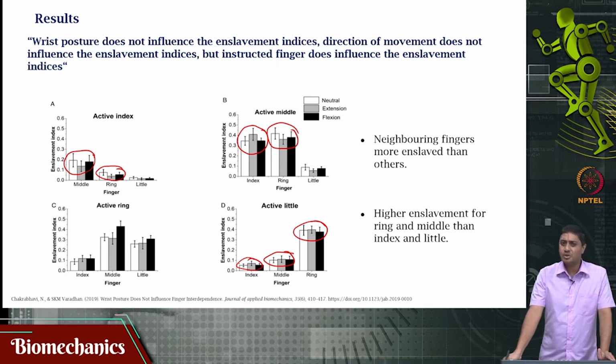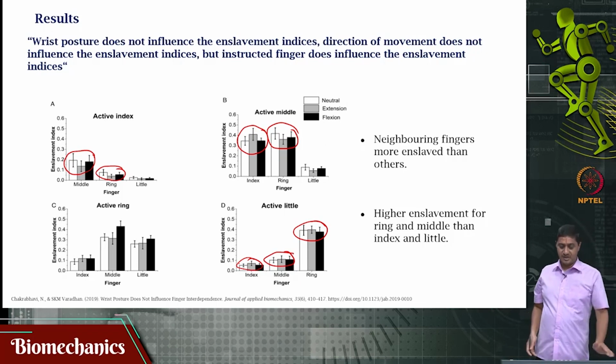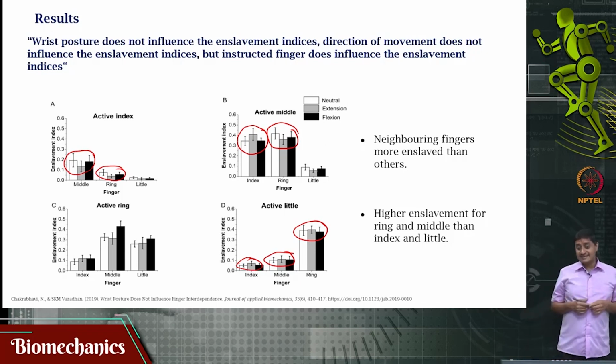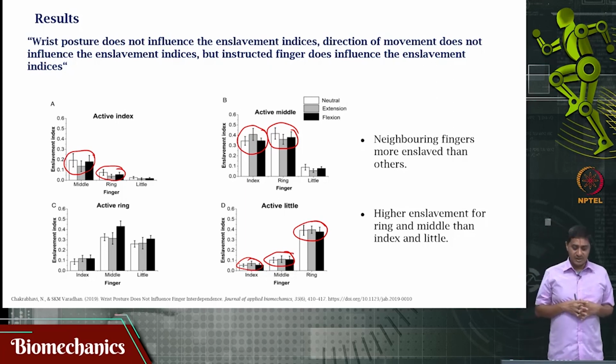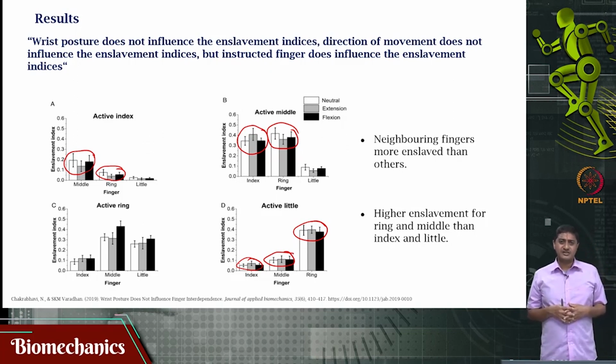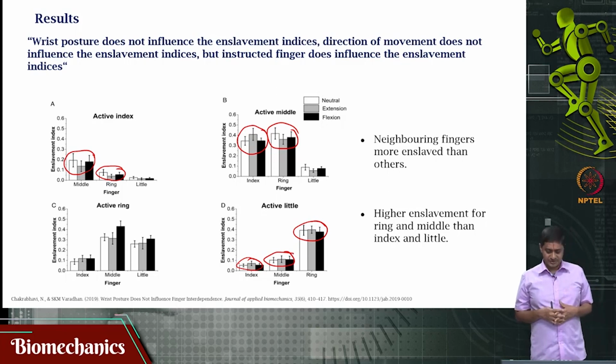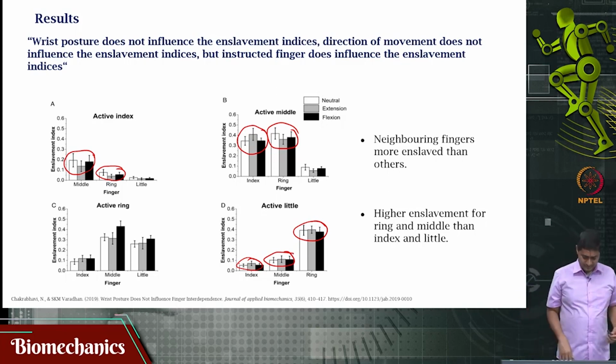These are all not new. These are all already known. But what we showed here is that there is statistical non-difference between these three postures, neutral posture, flexion posture and extension posture. That is what we showed.